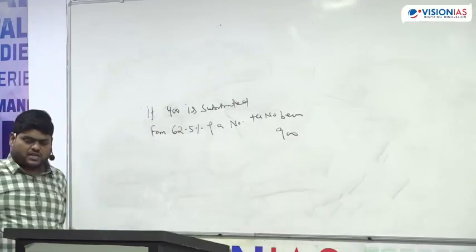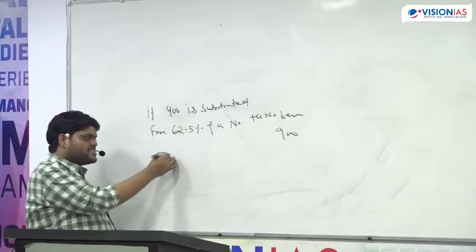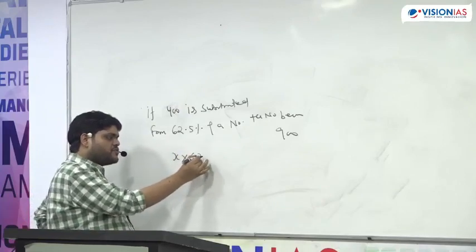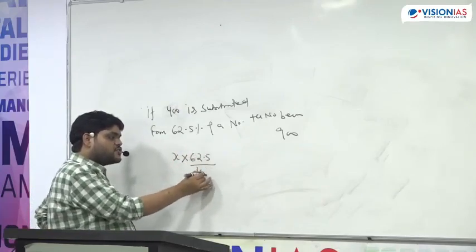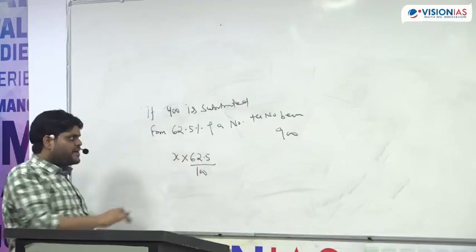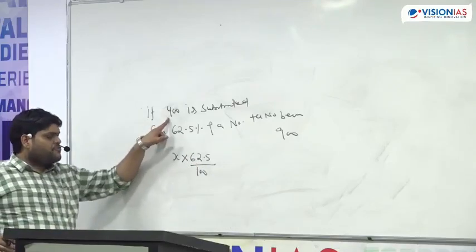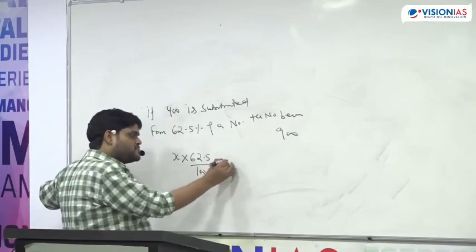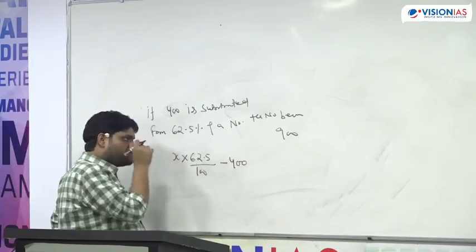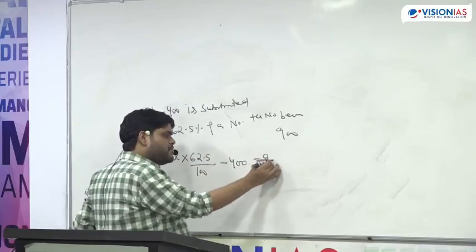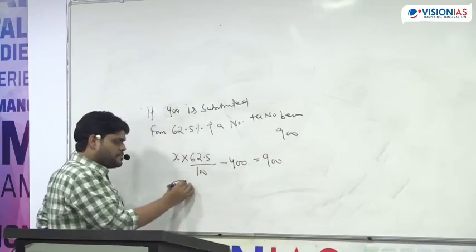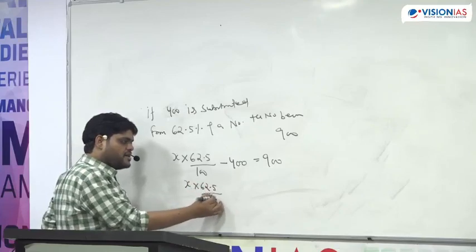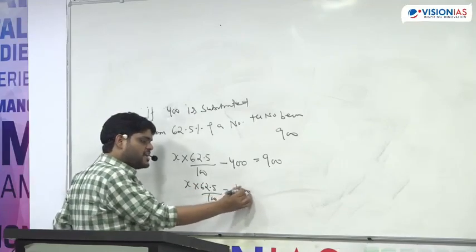So suppose the number is x. 62.5% of the number becomes 62.5 upon 100 into x. When 400 is subtracted out of this, the number becomes 900. That means x into 62.5 upon 100 is equal to 1300.